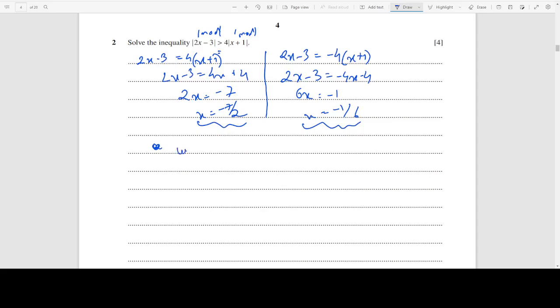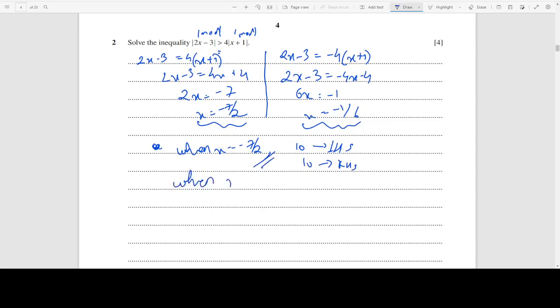When x equals −7/2, we get 10 on the LHS, which is the left hand side, and we also get 10 on the right hand side, which means this is one of the endpoints.